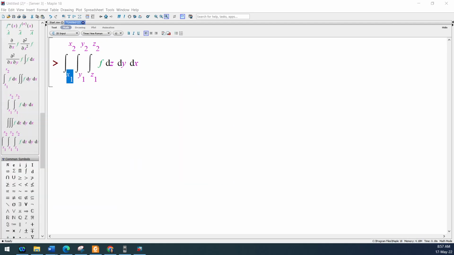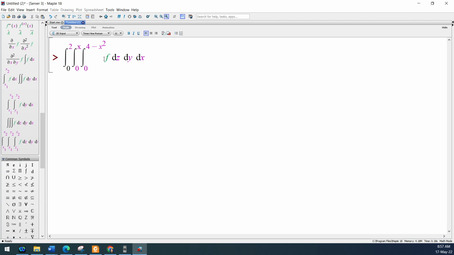So the question just now that we want to evaluate, you just click that triple integral icon, and then change all the limits there. Just now it was 0 to 2, and then 0 to x, and then 0 to 4 minus x power 2.